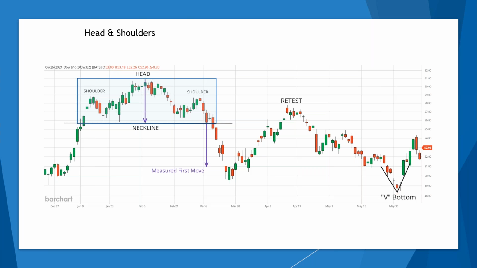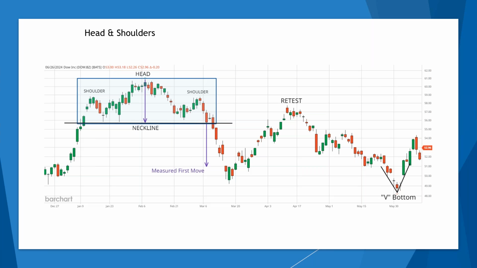So again, if we look at this here, once the market breaks the neckline, you usually get an extended move that is equal to or relatively the same as from the head to the neckline, as we saw here. So that would have been the completion of the head and shoulders pattern. For a shorting opportunity now, we're going to wait for the market to come back and retest this neckline, or even as high as the right shoulder.